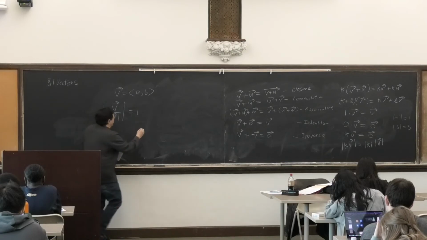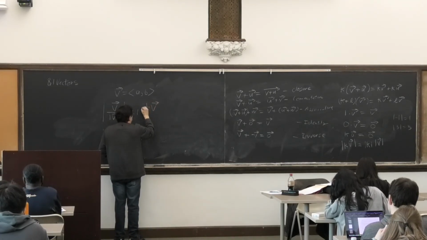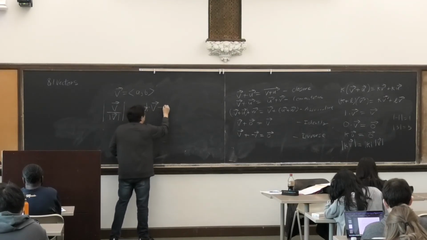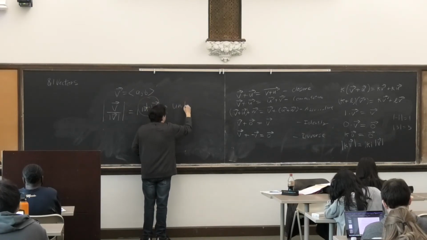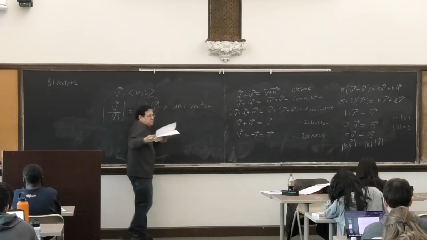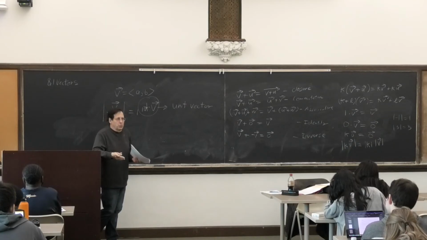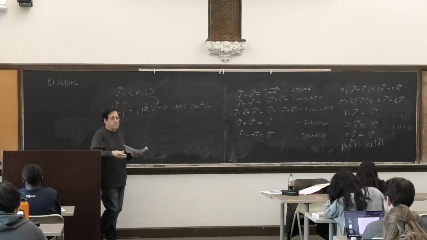So this new vector I created, 1 over the norm of V times V, I call a unit vector. Pretty obvious. It has magnitude 1, size 1, or norm 1, a unit.